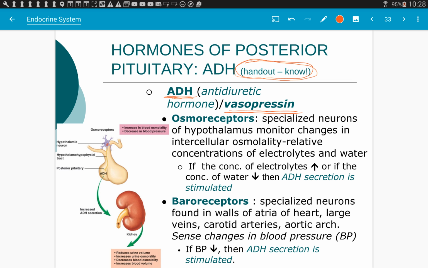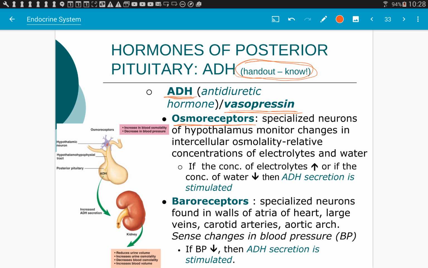All right, so how does this whole thing work? The picture on the side is small, I know, but in the handout it is much bigger. With antidiuretic hormone, we have to have receptors. In this case, we have osmoreceptors, which are neurons in the hypothalamus that are detecting changes in the concentration of solutes in the blood.